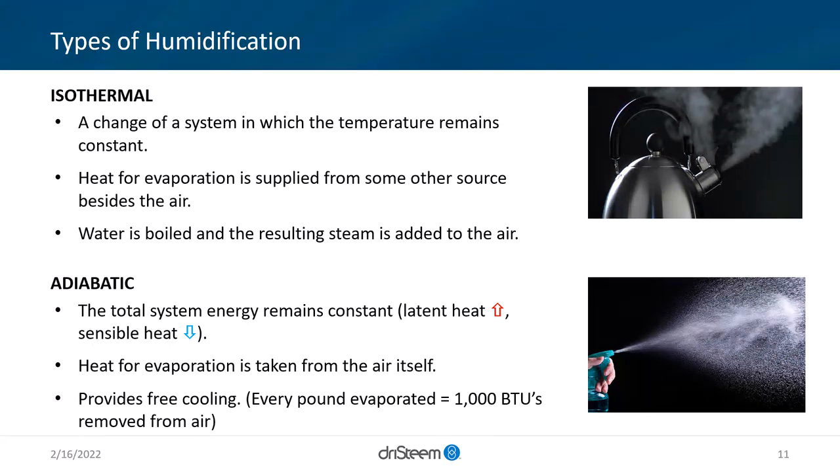Likewise, the other flip side of that coin is adiabatic solutions. We're still taking energy, but we're taking energy from the air itself. So we'll see that the sensible cooling, or your sensible heat as depicted on the slide, will decrease during these processes, which can be beneficial for mechanical cooling offset.